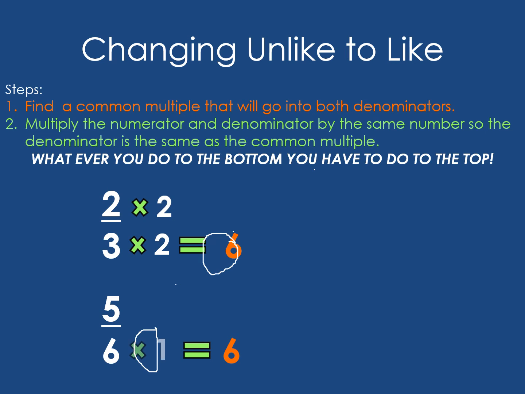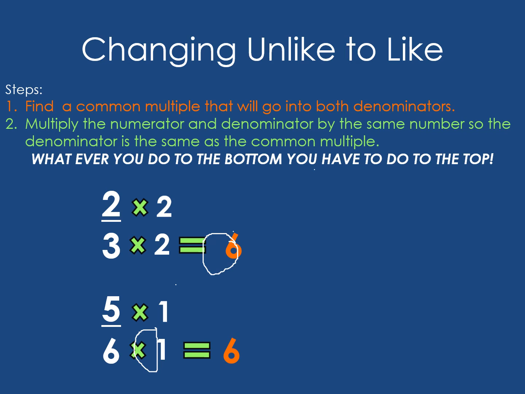Okay, so 2 times 2 is equal to 4. Here below, the common denominator of 5 and 6 is 6. So of course, you will have to find a number that, when you multiply, will get the product of 6.